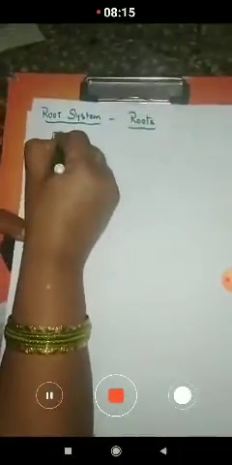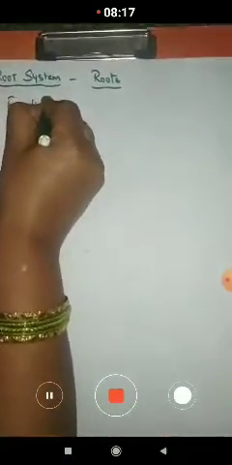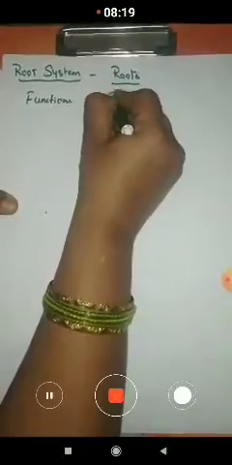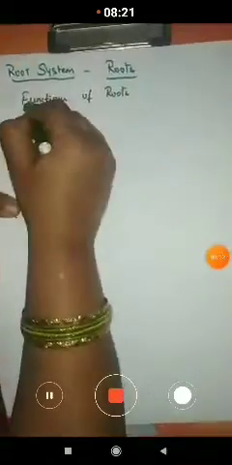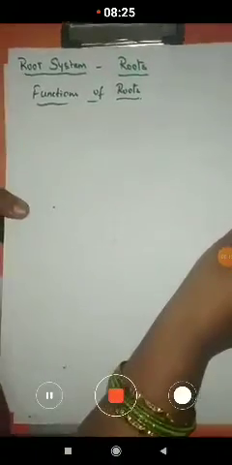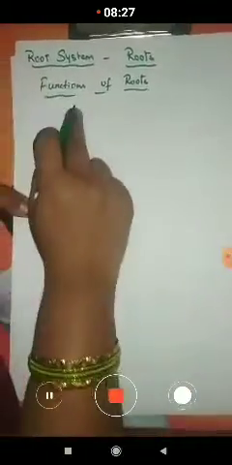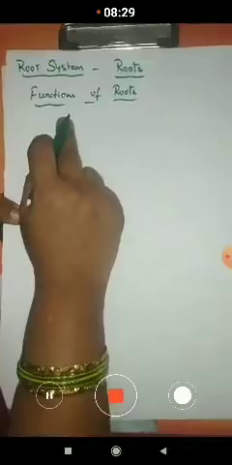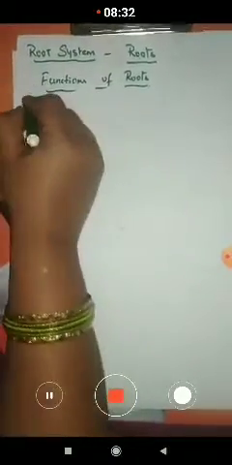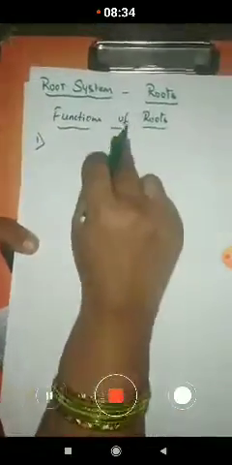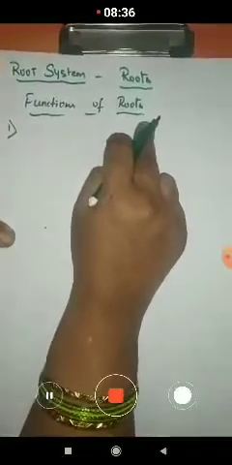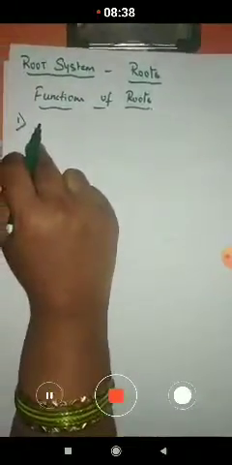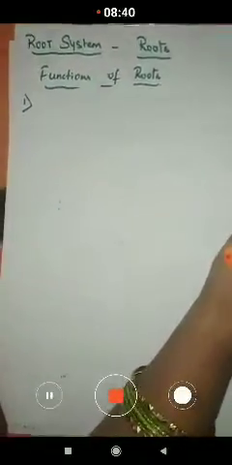So now we'll move on to the functions of roots. In order to study the root system, we have to learn about the functions of the roots. So what is the first function? The function of the root is that it holds the plant to the soil.